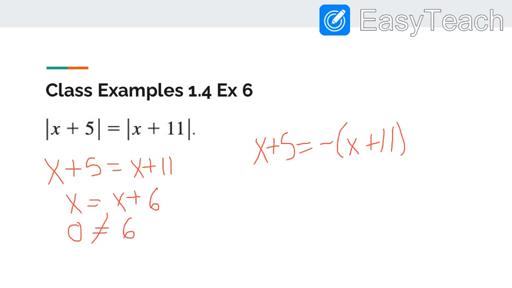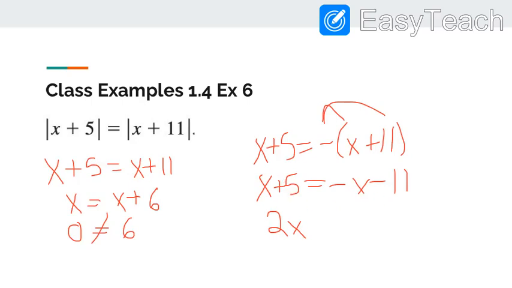so we know that this answer over here doesn't have a solution. So now as we look at the second piece over here, we're going to simplify this. The first thing I'm doing is I'm going to distribute like normal. So I really have x plus 5 is equal to negative x minus 11. And now as I work this one around, I would get 2x on the left by adding the x over. So I added the x over, so I got 2 x's on the left.